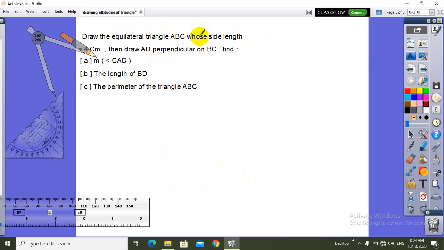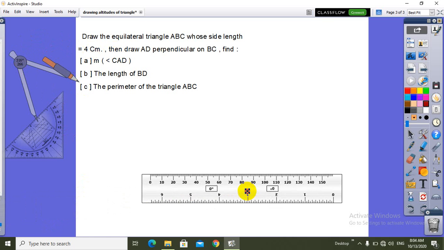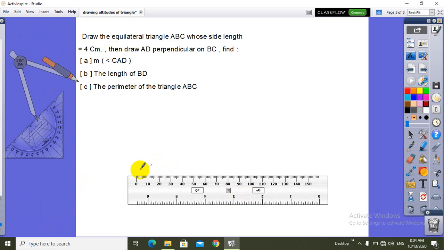Draw the equilateral triangle ABC in which the side length equals what? 4 centimeters. By using the ruler, I will draw the first line, the base of the triangle, from 0 to 4.